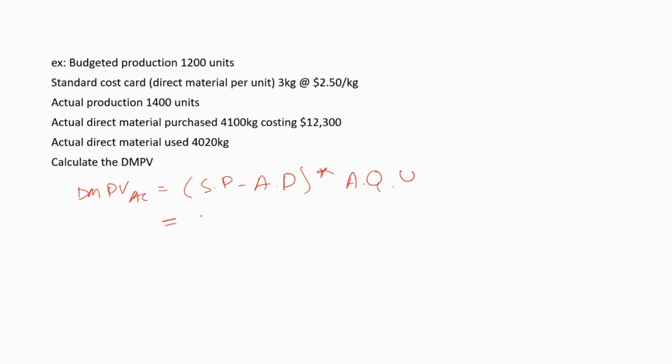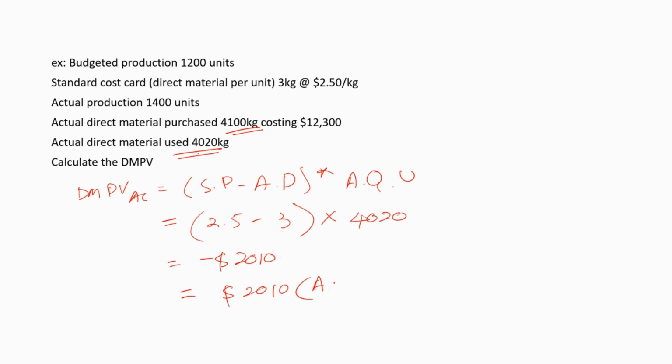The prices are the same, 2.5 minus 3. Now instead of using the 4,100, which is the material purchased amount, we have to use the actual direct material used amount for the production, which is 4,020 kilograms. This is equal to negative $2,010, which is an adverse value. So 2,010 adverse.